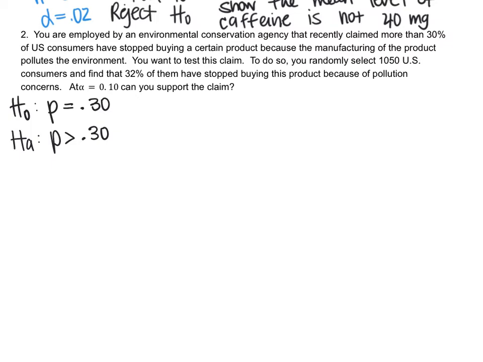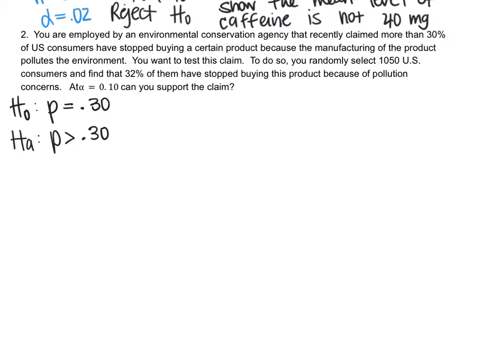And then just to check that it's normal, for a proportion, we have to do n times p, so 1050 times 0.30, which is 315, which is greater than or equal to 10. And then we do 1050 times 1 minus p, which is 0.70, and we get 735, which is also greater than or equal to 10.